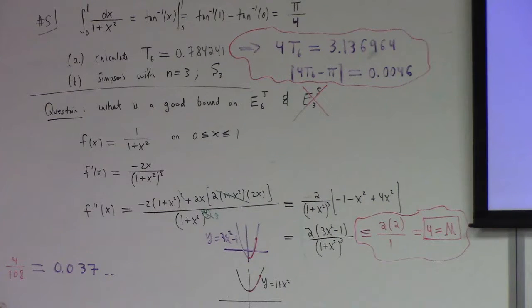Sometimes what I have to do is go to the third derivative. And then for some reason, I'll be able to see that it's positive or negative on the interval. If I can do that, then that shows that the second derivative is either increasing or decreasing, which means that the endpoints for the second derivative will either be maximums or minimums.